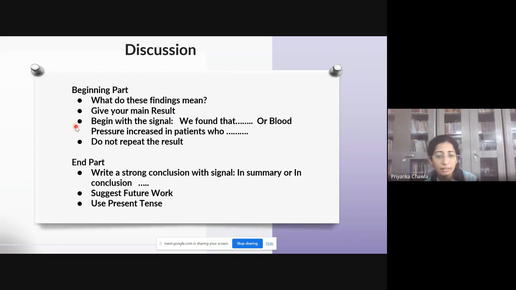Do not repeat the result again and again. It should end up with a strong conclusion, which sums up with the summary part. That means you have to sum up the things, use present tense, and you should always mention the scope of further study in your discussion part.